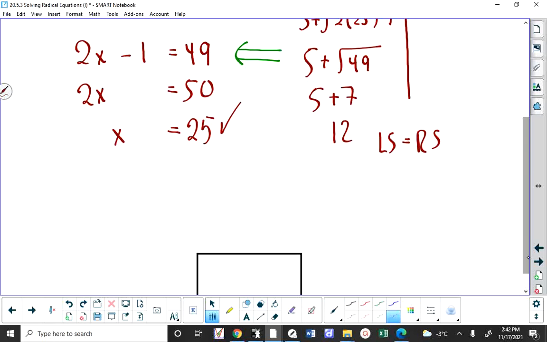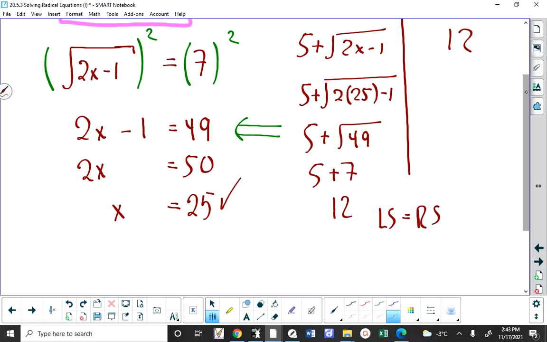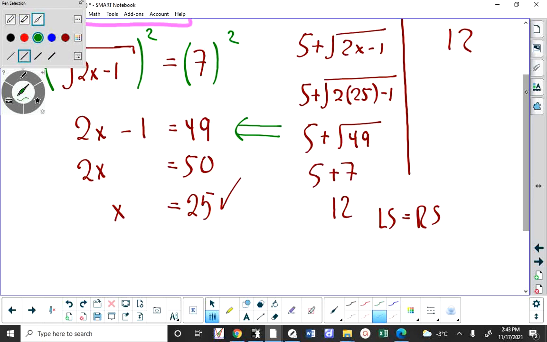Then if each of them work, like let's say, we're going to see this in a bit. When you square both sides, let's imagine that instead of getting this, when you square both sides, this, by the way, is a linear equation, isn't it?